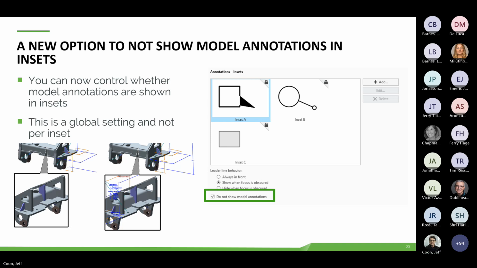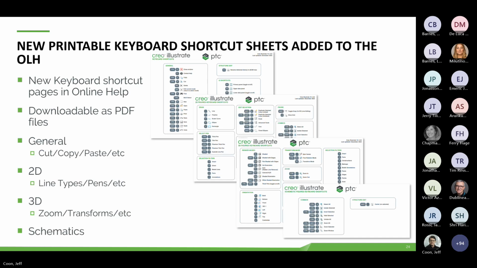Great. All right. So next up, this one here is just sort of something that we have been meaning to do for a while, and one of our graphics designers had some time. Basically, if you go into the online help on the landing page for Creo Illustrate 10.1, you'll find some links to be able to download shortcut pages as PDFs and be able to print them out and that kind of thing.